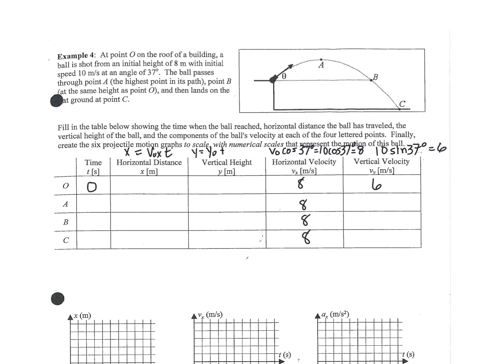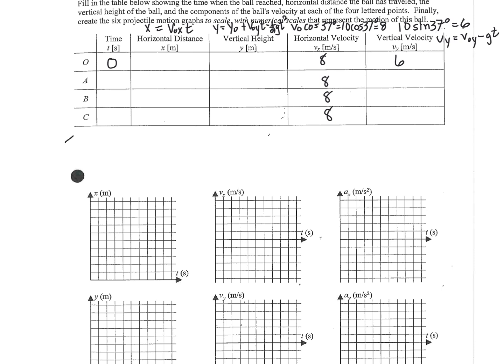y naught plus v initial in the y direction t minus 1/2 gt squared. There's that guy. And we know this guy is going to be Vy is equal to V initial in the y direction minus gt. All right, so to find time A, we know that it goes from 6 to 0. That's really what I want. I want to know time A, why do I go to 0?